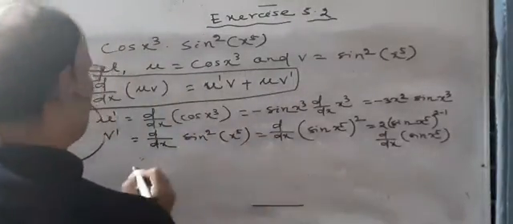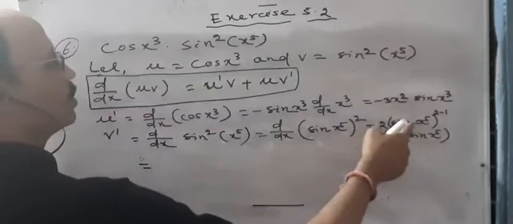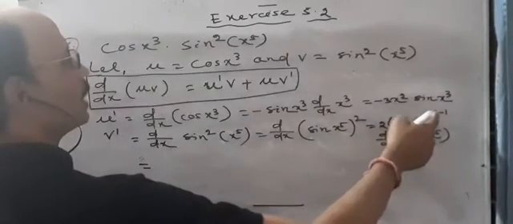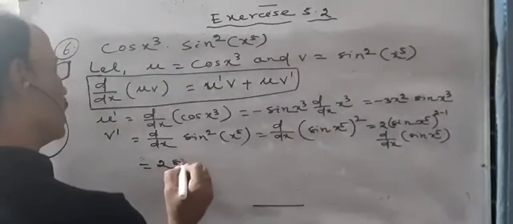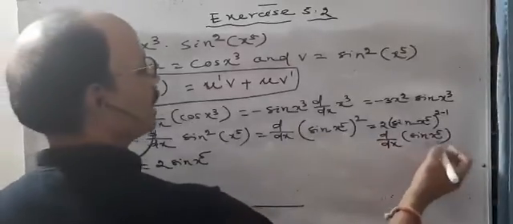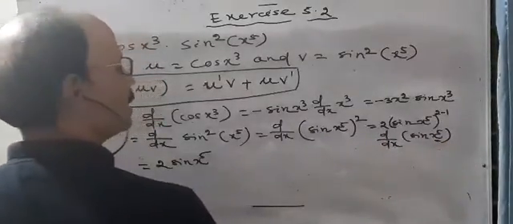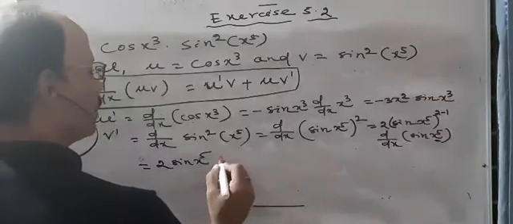Okay, so now it will be 2 sine x to the power 5 to the power 1, meaning 2 sine x to the power 5. Now d dx of sine x to the power 5, it is sine theta, so it will be cos theta.